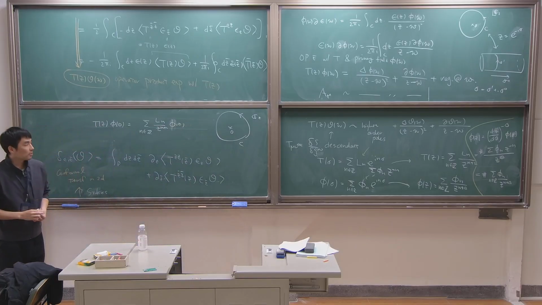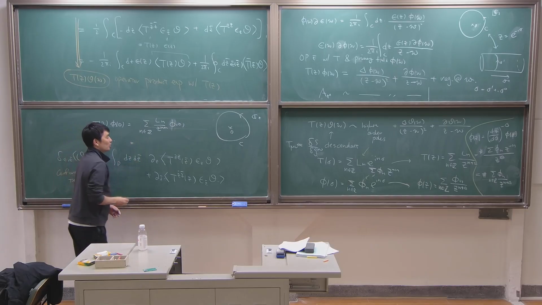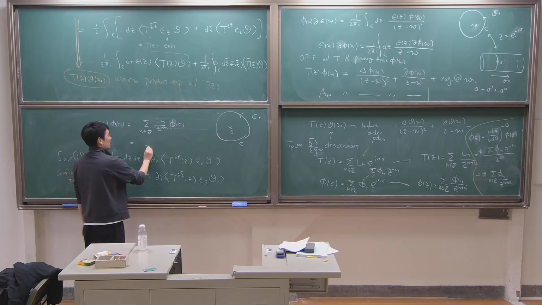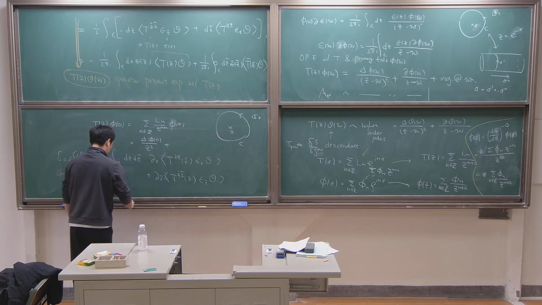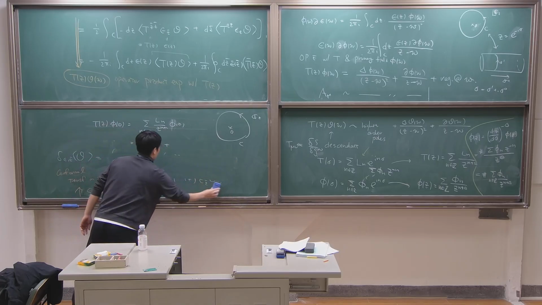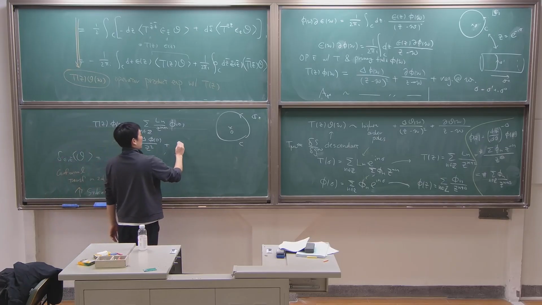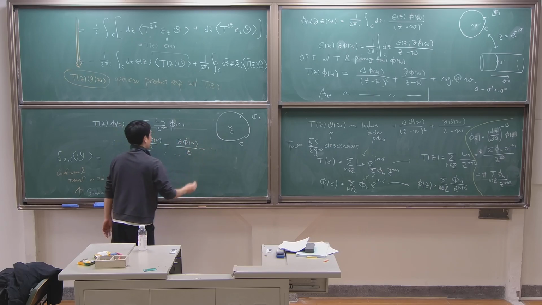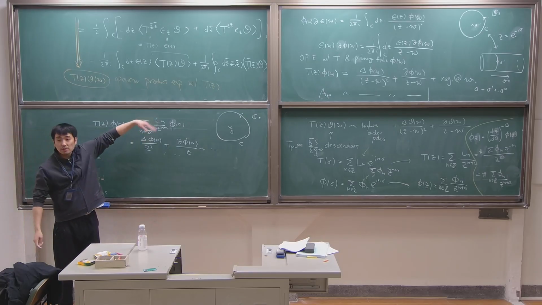If you do it like this, we know this one should behave like h/z^2 phi(0) plus maybe I can erase this part because I know the Stokes theorem and so on, plus (1/z) del phi(0) plus the regular terms, which I don't care about. Like this. And then compare between these two.